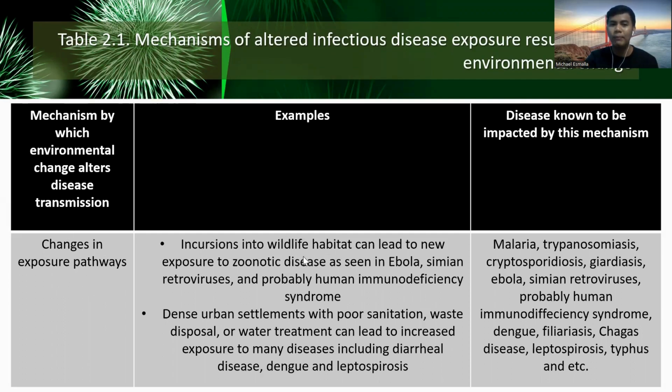So what are its examples? Examples of that are incursions into wildlife habitat, which can lead to new exposure to zoonotic disease as seen in Ebola, simian retroviruses, and probably human immunodeficiency syndrome. Again, these are the common examples of mechanisms by which we can transmit diseases.